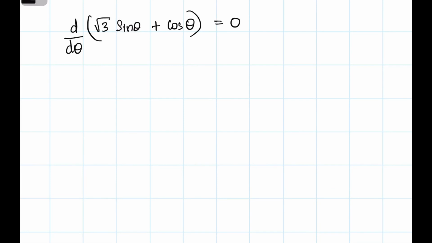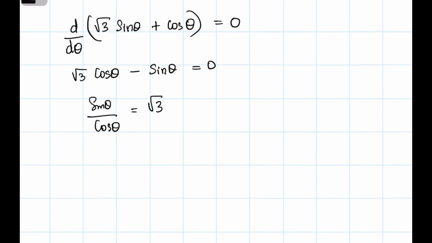So derivative of root 3 sine theta is what? Root 3 times cos theta. Derivative of cos theta is what? Minus sine theta. This should be equal to 0. So what will you get? Sine theta by cos theta equal to root 3. Correct? That is tan theta equal to root 3, which means theta will be equal to 60 degree. Why?